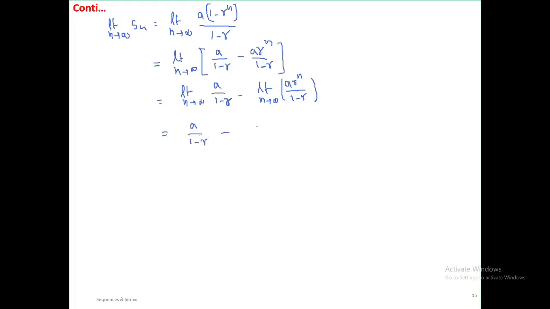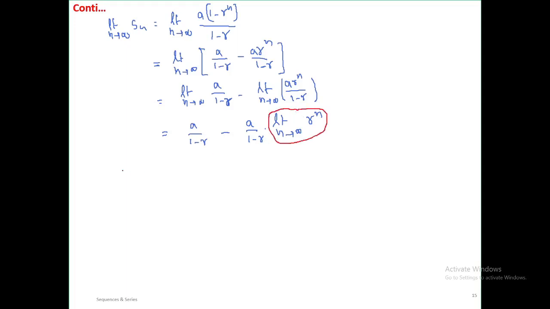This value I need to compute. a upon 1 minus r I am writing outside completely because it is a number, because n is not involved. The terms which involve n we write inside the limit. Only r power n I am keeping inside. So now my goal is to find the value of this.